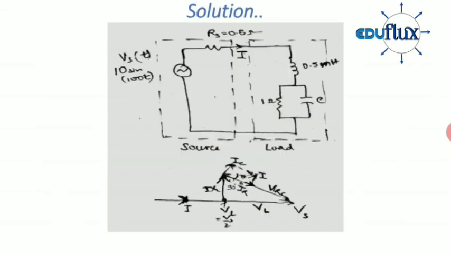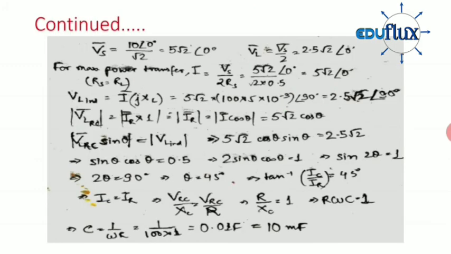So there are many ways to solve this. Many students find the equivalent load resistance and then equate the imaginary part to 0, or they make the load resistance equal to source resistance and solve it like that. So they get a quadratic in C, and then solve, and they get a single value which is the same as this value.